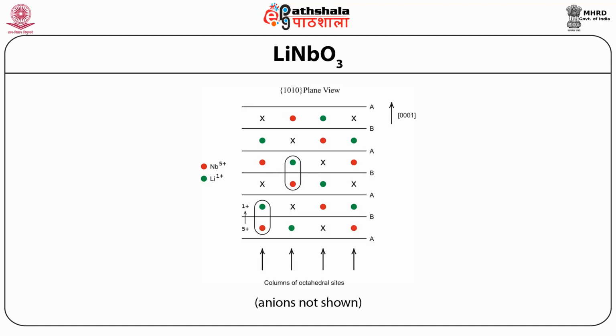On the right hand side of the figure, you can see the direction of the 0001 plane, whereas the bottom arrows correspond to the columns of octahedral sites. So these columns correspond to the sharing points among themselves.